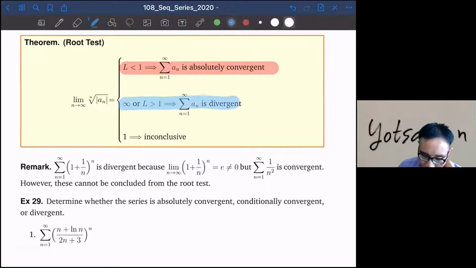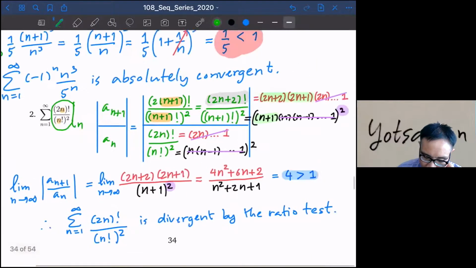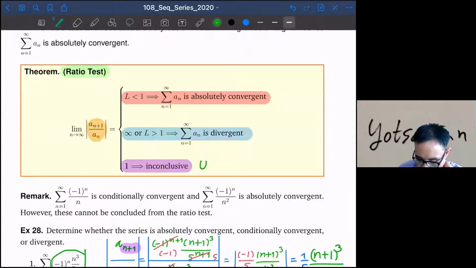If you have L more than 1, it's going to turn out to be divergent. And if you have L equal to 1, it is still inconclusive. It can be convergent or it can be divergent. When you have inconclusive, it means you use other tests.